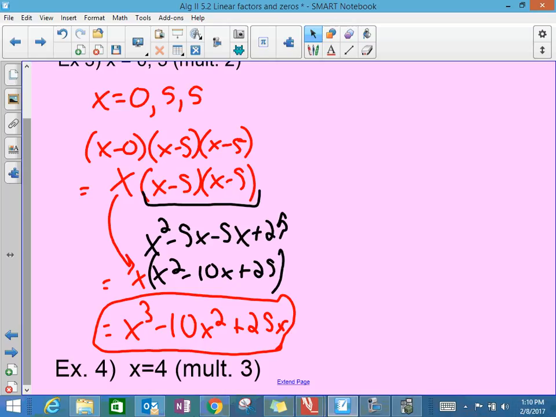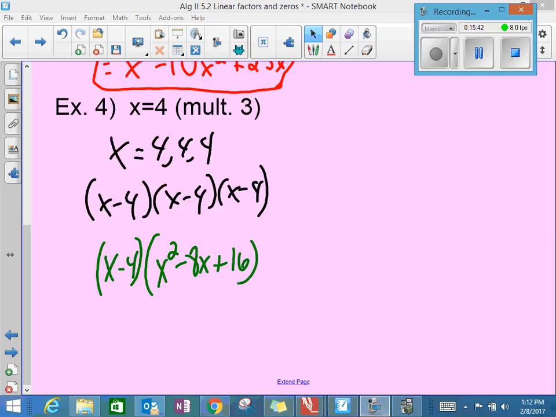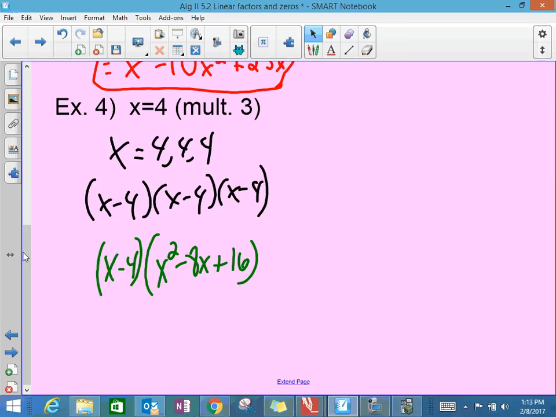X minus 4, multiplicity 3. Okay, so again, on this one, 4 multiplicity of 3, you first set it up to where x equals 4, 4, and 4. And those all become factors of x minus 4, x minus 4, x minus 4. When you FOIL these two, you should have gotten x squared minus 8x plus 16, right?